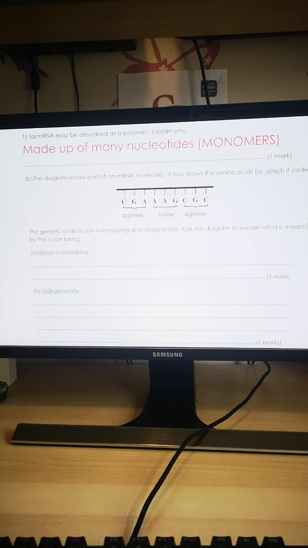Okay, so the diagram shows part of an mRNA molecule. One thing you will have to get used to is the terminology that we use when describing the 3 bases that code for an amino acid on the mRNA. Of course, we call those a codon.